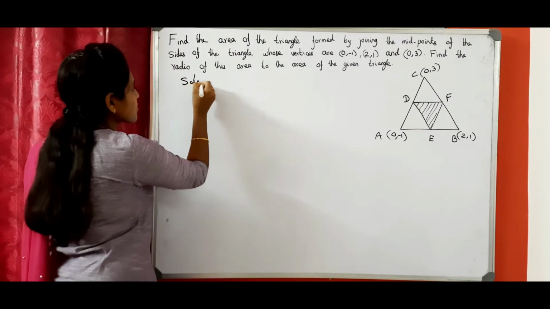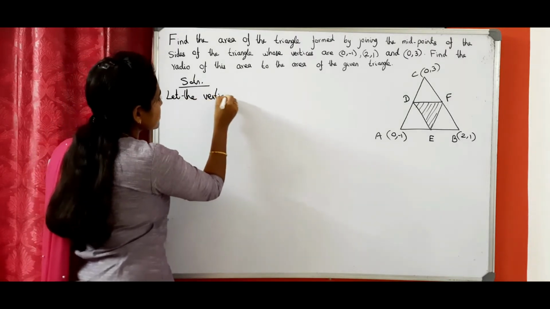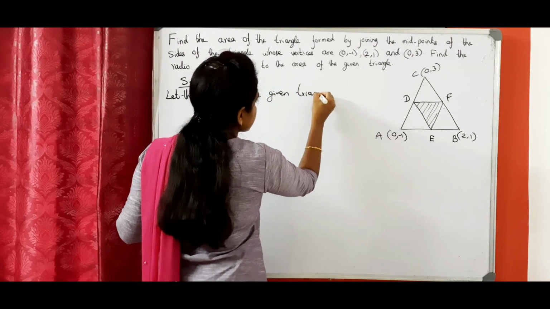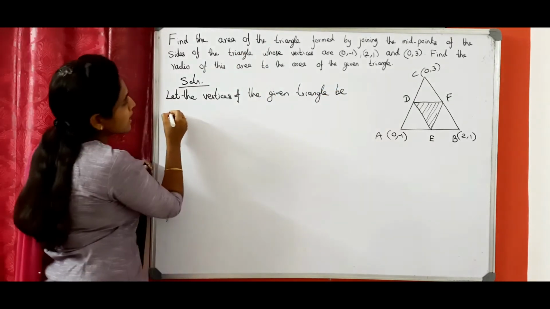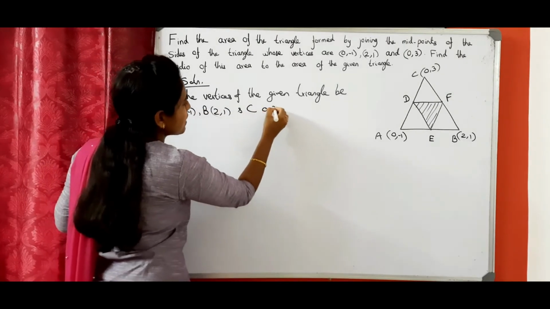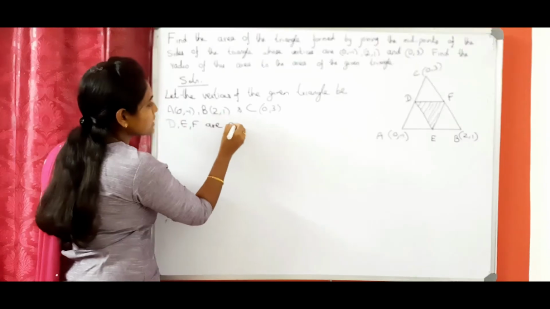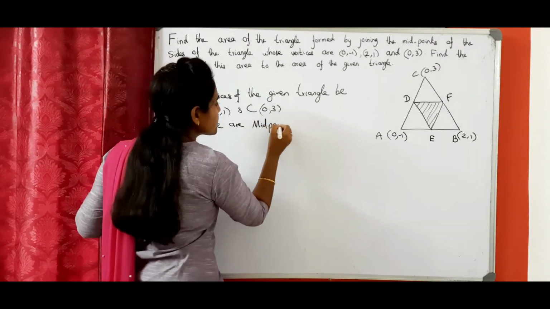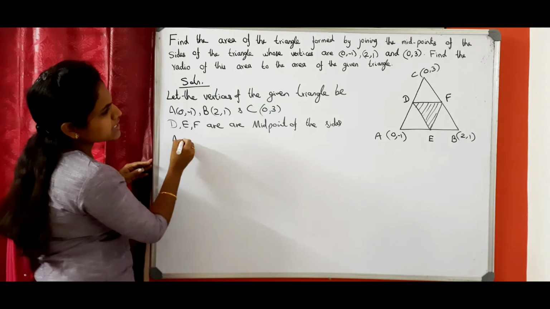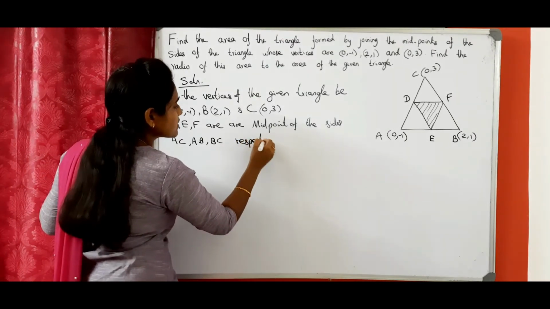First, let the vertices of the given triangle be A(0, -1), B(2, 1) and C(0, 3), and D, E, F are the midpoints of the sides AC, AB and BC respectively.